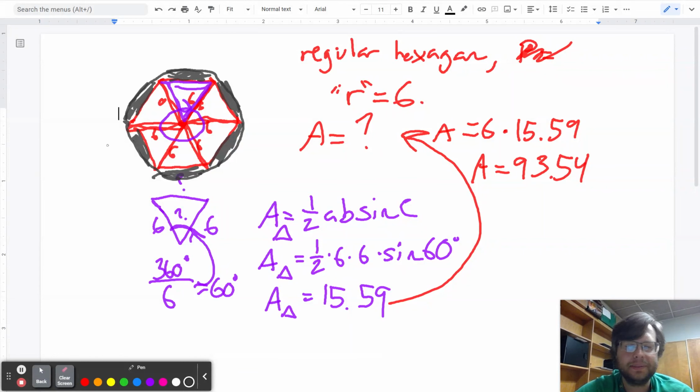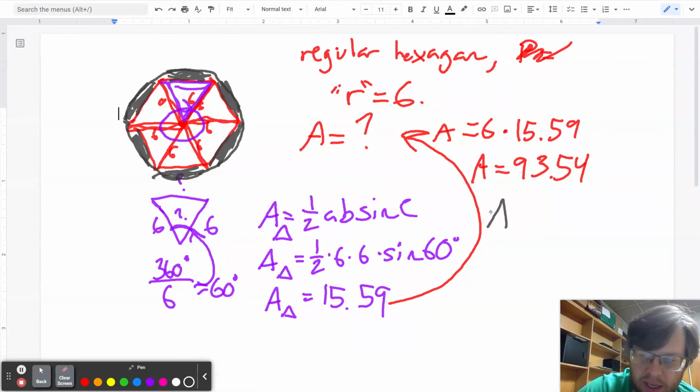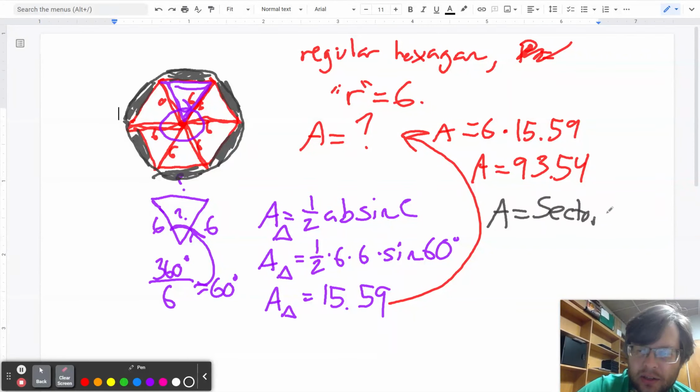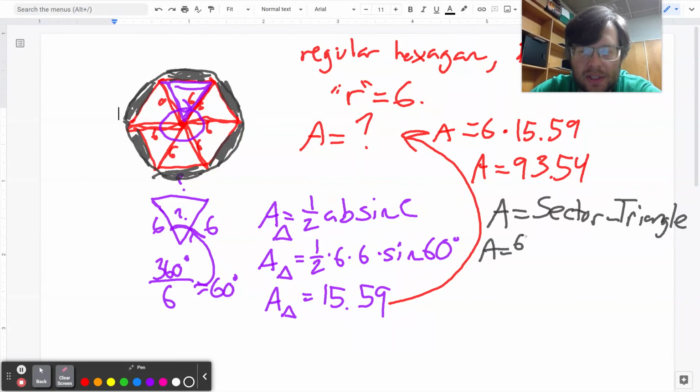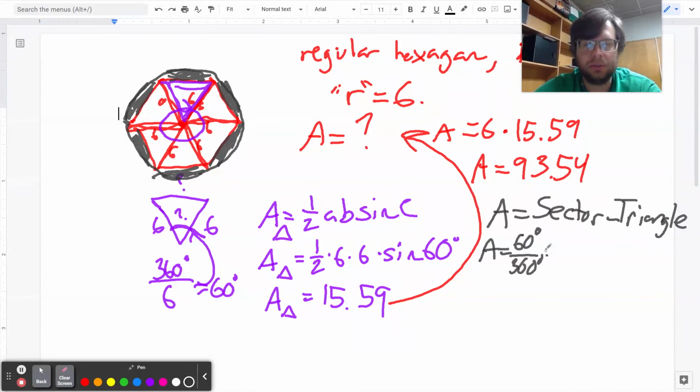So what I could do there is say the area of that is equal to the sector minus the triangle, because that's going to give you the area in between if I subtract those two pieces. The area of the sector you get by doing 60 degrees out of 360 degrees multiplied by pi times the radius squared, minus the area of a triangle.